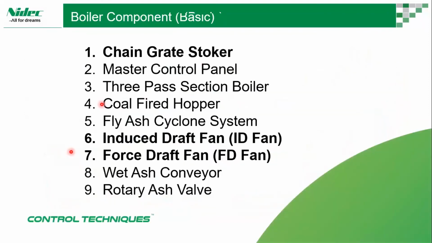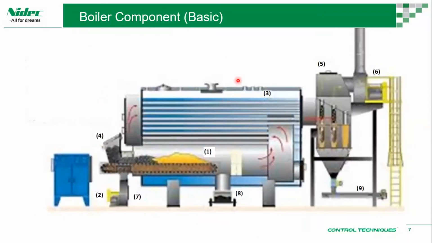Then number 3, we have the 3-pass section boiler. Here, this is the 3-pass section boiler. So for the simple function of this 3-pass section, let's say we want to shut down the boiler. When we shut down the boiler, we still have excess pressure here. Let's say the production uses like 7.5 bar, then when we shut down, we will still have like 5 bar, 4.5 bar inside the boiler.